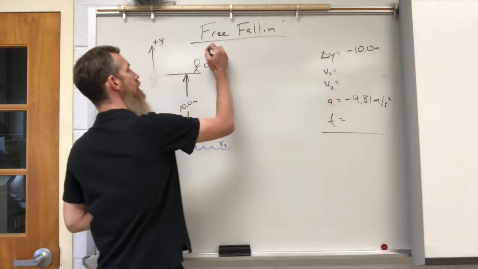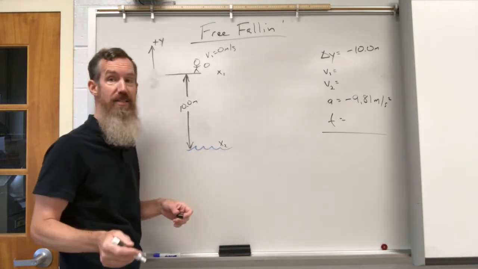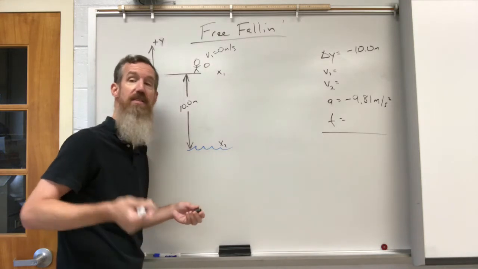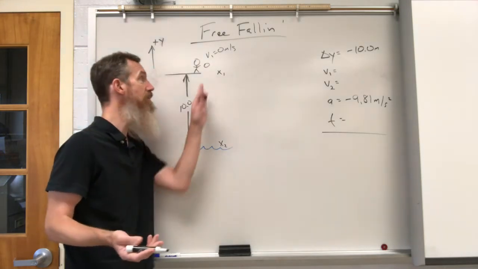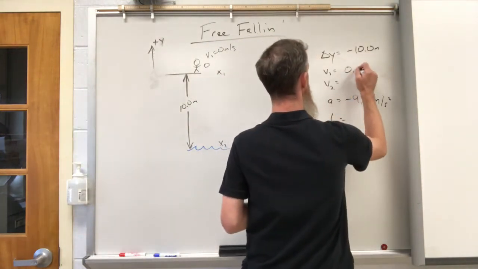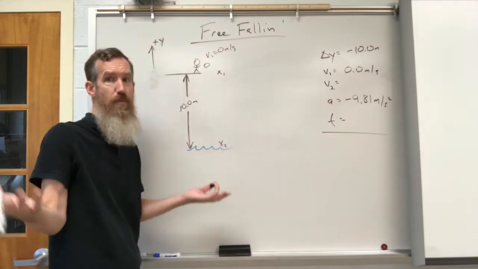If I release this from rest, and in the previous videos and lessons I said to be very careful: if it says it starts at rest, it means it had no velocity when it was let go. There is no plus or minus on that because it's not moving at all.